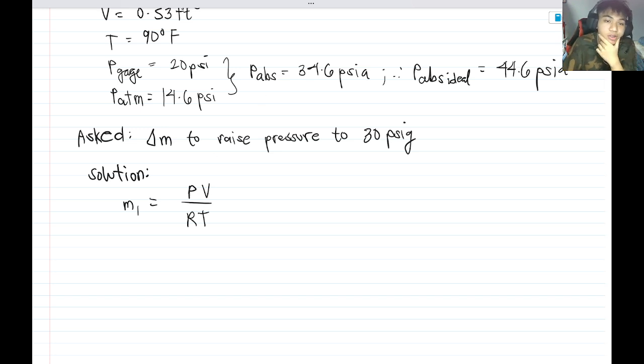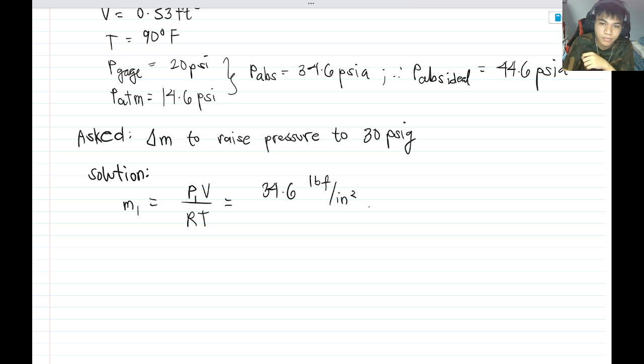So we will only use the pressure. So our pressure is 34.6 psi, that is pound force per square inch. Okay. And since the corresponding unit for volume is feet, we have to convert this into square feet.